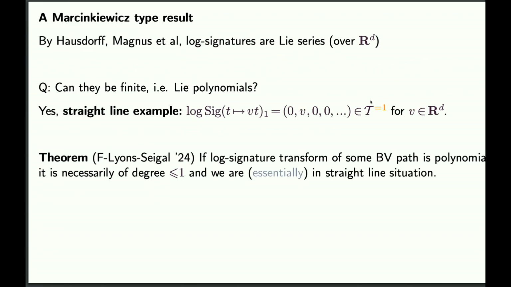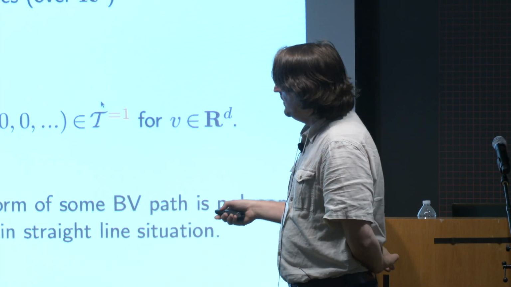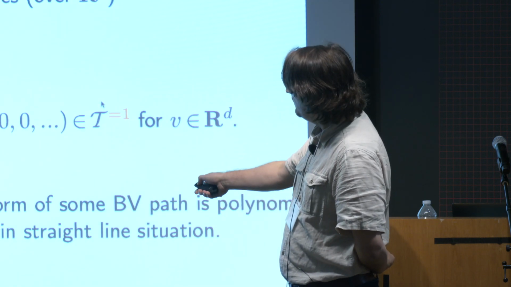Now, here's a recent result. We know that these log signatures are Lie series, and this Magnus expansion makes it explicit. And you can ask, could it be that this Lie series happens to be finite? Well, then let's call it a Lie polynomial. Can it happen? Sure, we have just seen an example.